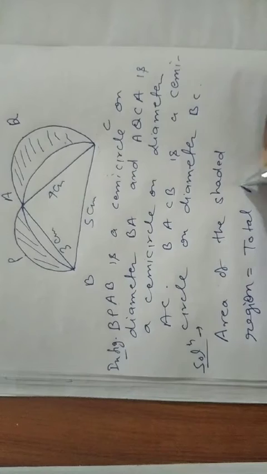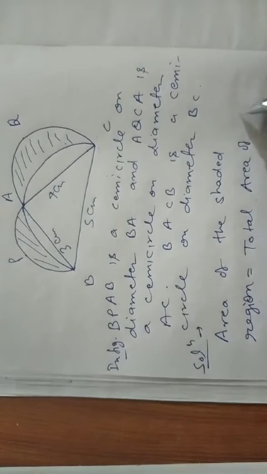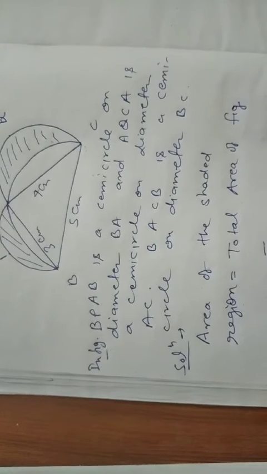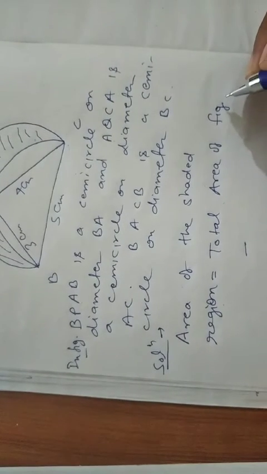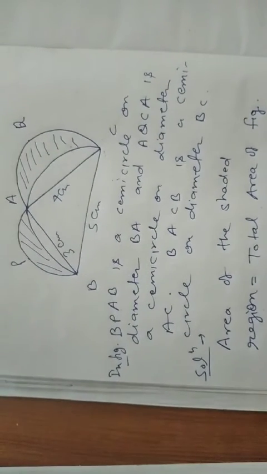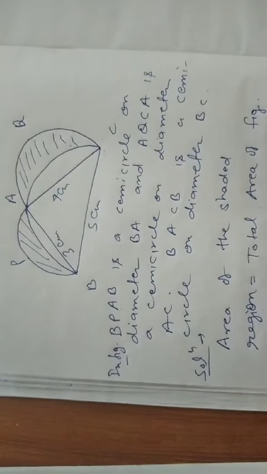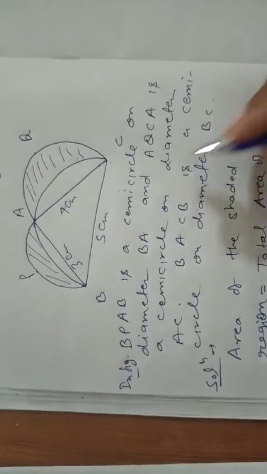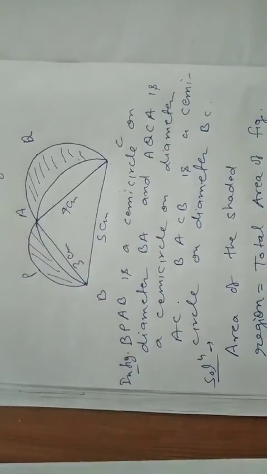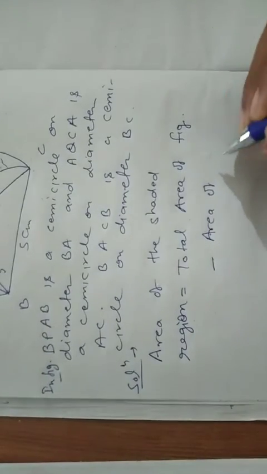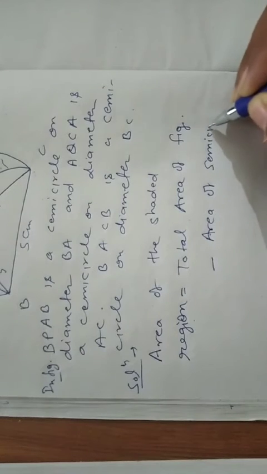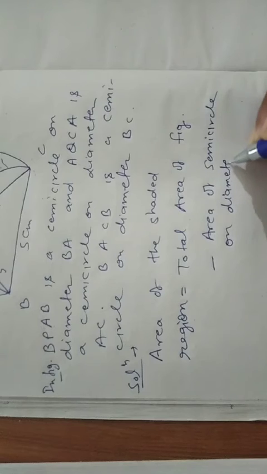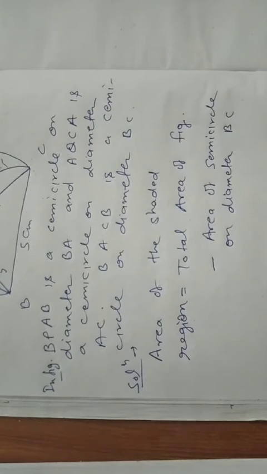total area of figure minus area of semicircle on diameter BC.